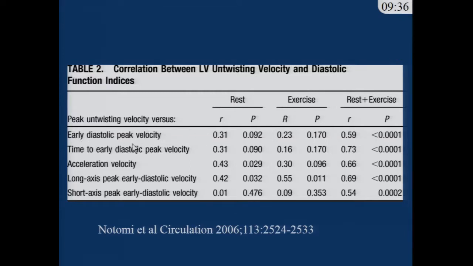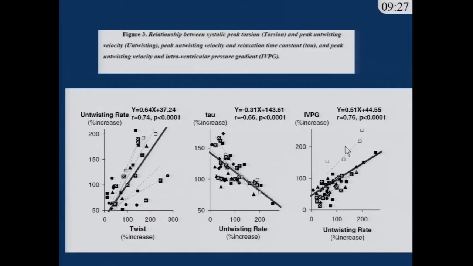Early diastolic peak velocity, the time to the early diastolic peak velocity, and the acceleration. So this process is very closely linked. The untwisting rate relates to the twist rate. This is important because it means how hard your heart twists determines how fast it will untwist. Okay?